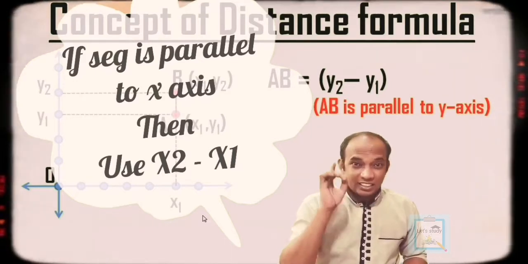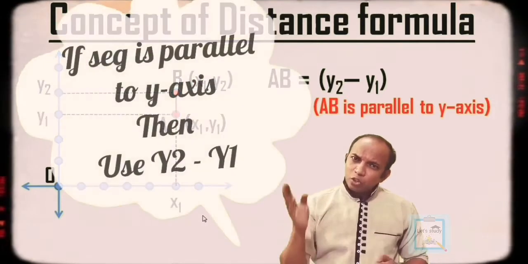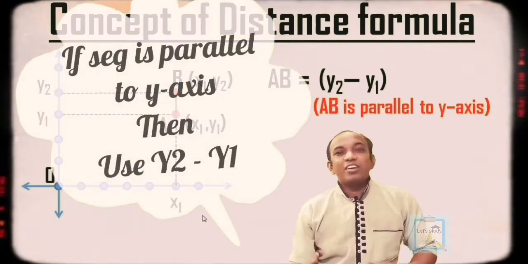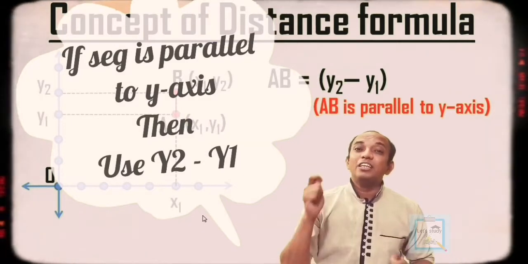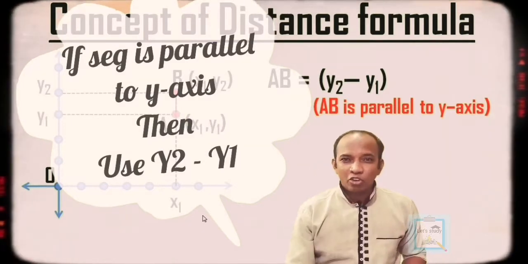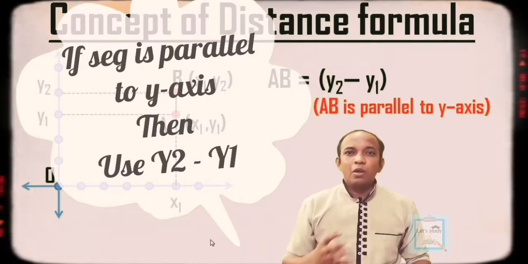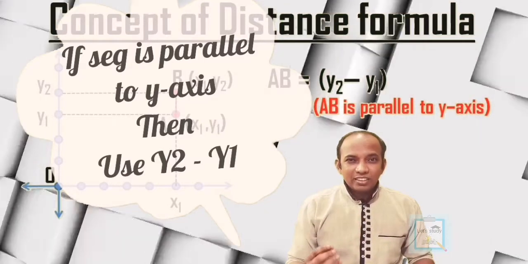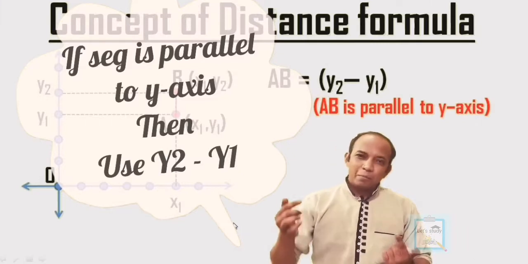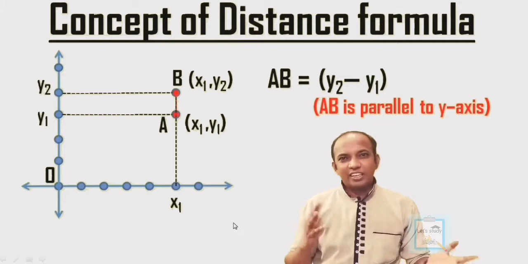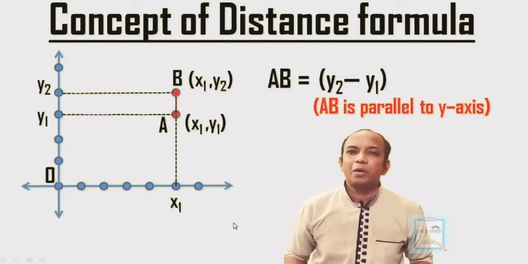The condition is that the segment is parallel to the x-axis. Now, if the segment is parallel to the y-axis, we calculate the distance by finding the difference between their y coordinates, that is y2 minus y1, or you can do y1 minus y2 also, but see which one is the bigger coordinate. It is bigger coordinate minus smaller coordinate, so it can sometimes be y2 and sometimes y1. Be careful about that part.